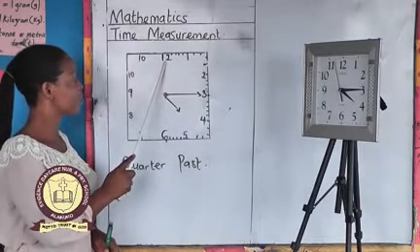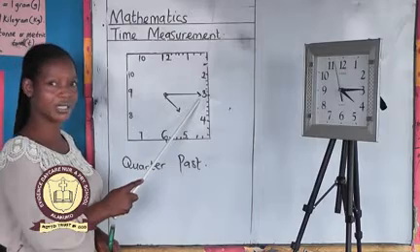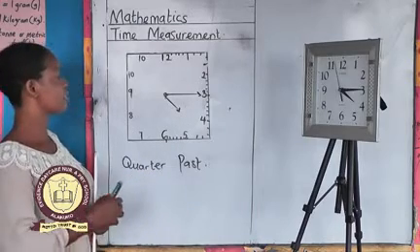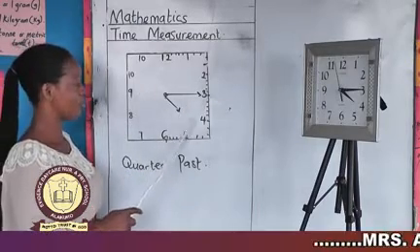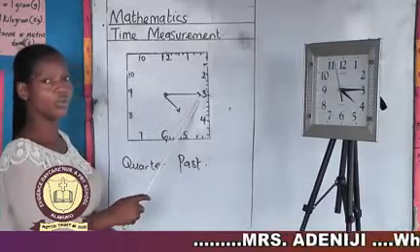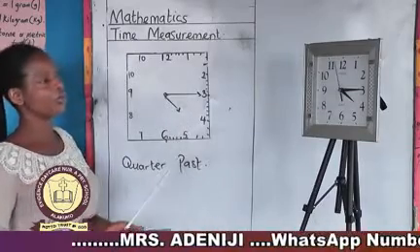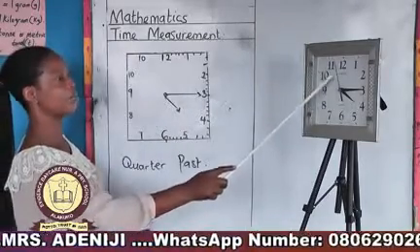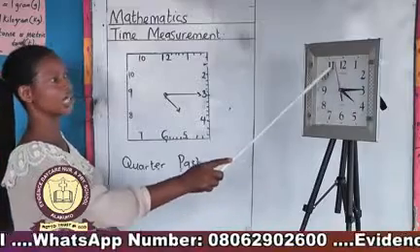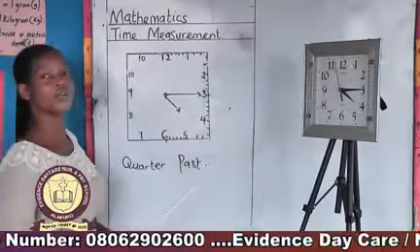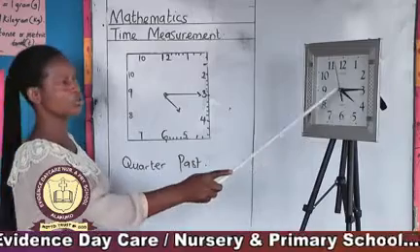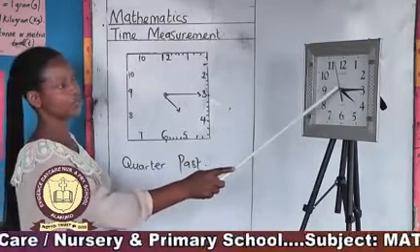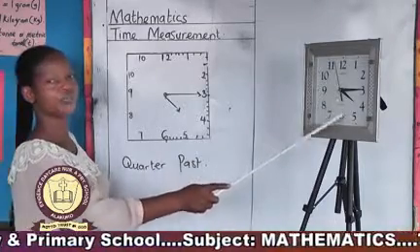Now the movement from here to here is 15 minutes. When you count it, you have your time to be 4:15. Your 3 is quarter, or 15 minutes. Now when this hand moves from here to here, you count the minute hand here, you have your 15, and your hour hand is on your 4. So you have your time to be 15 minutes past 4.